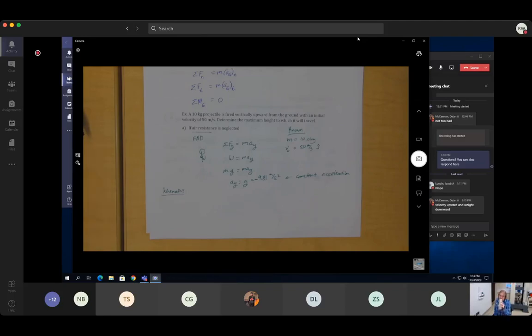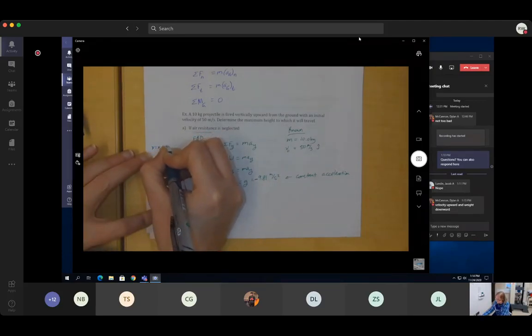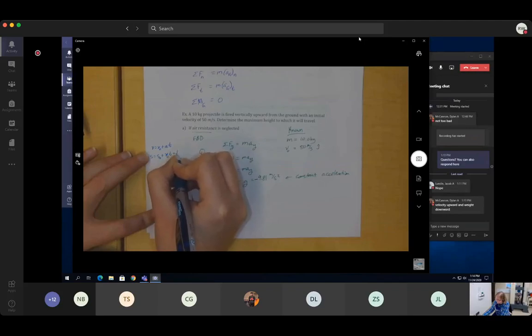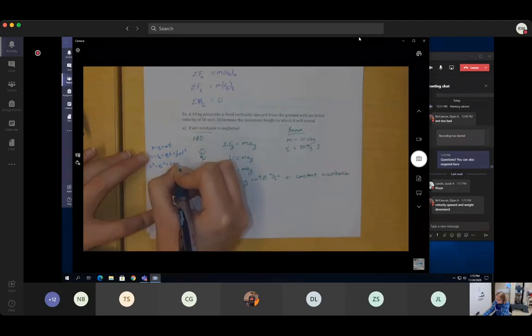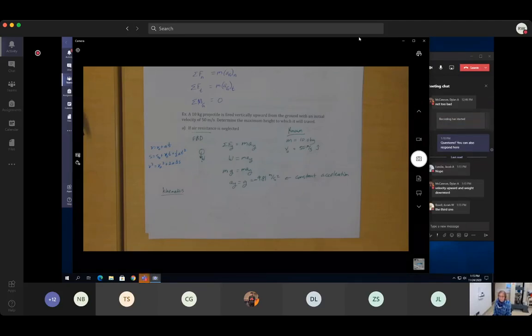Going back to the very basics, which of those equations looks the most useful to what we know? Okay, that third one. What do we know about that third one?